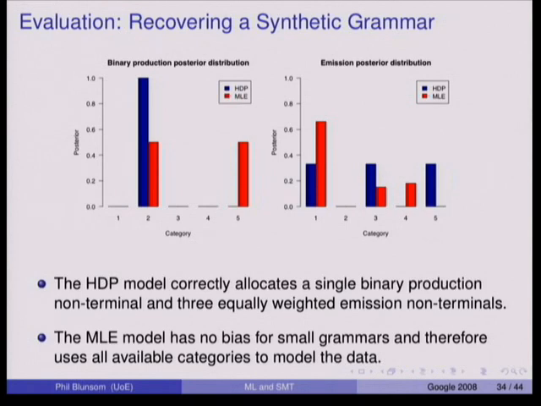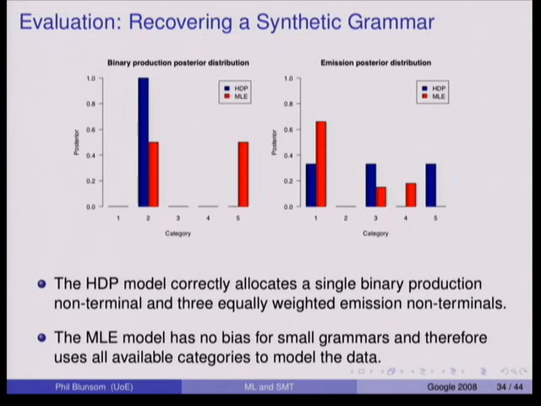On the right, we have the emission distribution, and we can see that the hierarchical Dirichlet process has nicely allocated 3 categories for the 3 different emission constituents. Whereas the maximum likelihood model's got somewhat confused. It's actually combined 2 categories together into label 1 there, and split another one over 3 and 4.